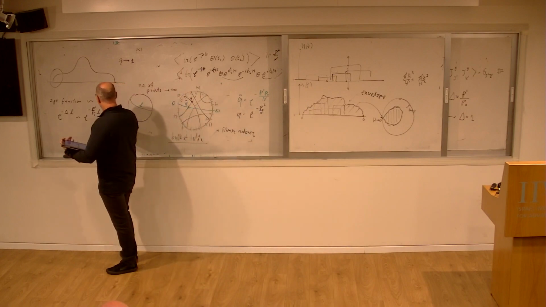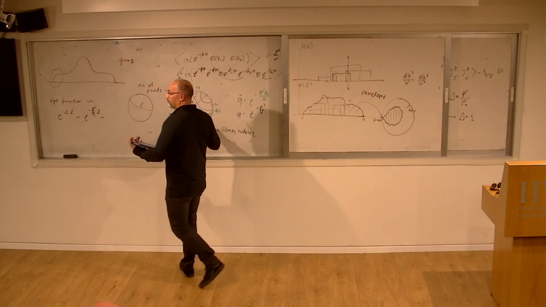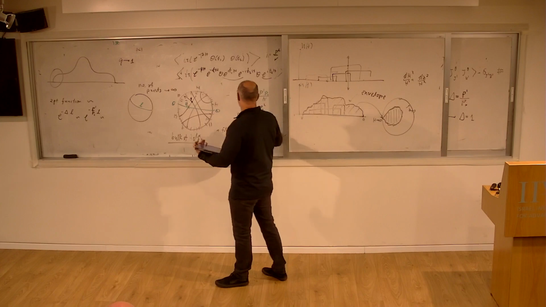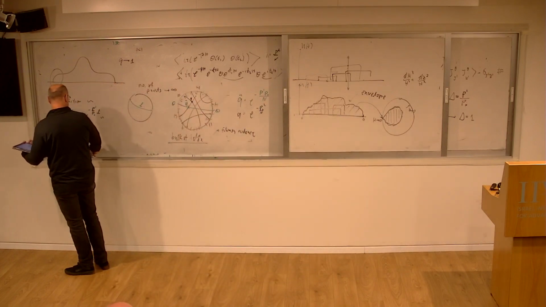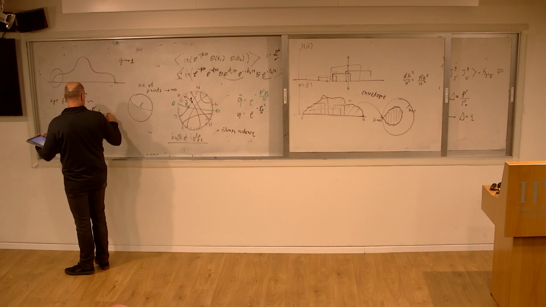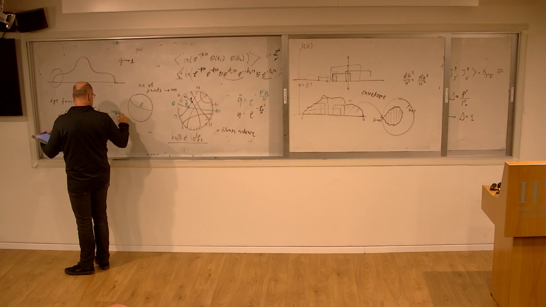And how is this related to the chord diagram picture? This is this Q tilde to the number of intersections. Let me be a little bit imprecise.